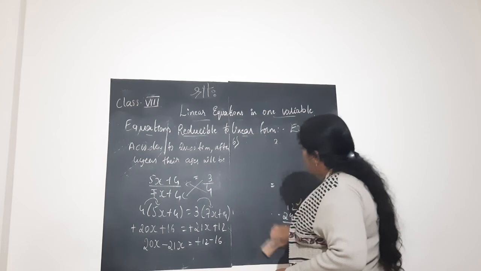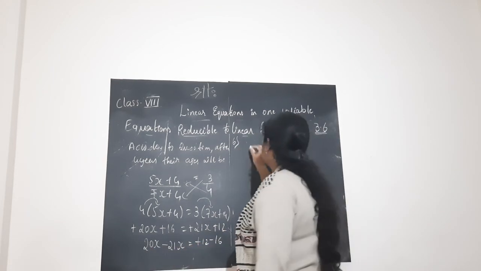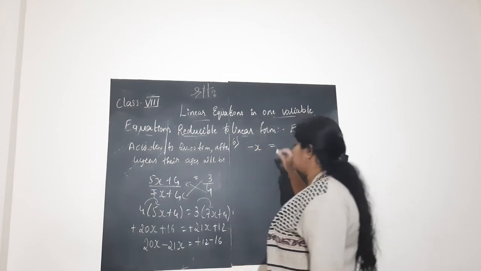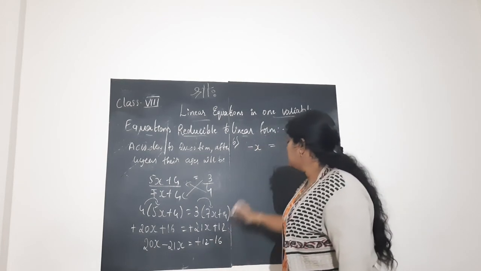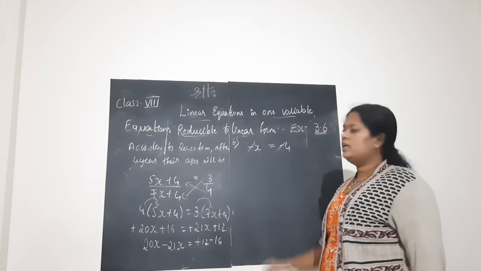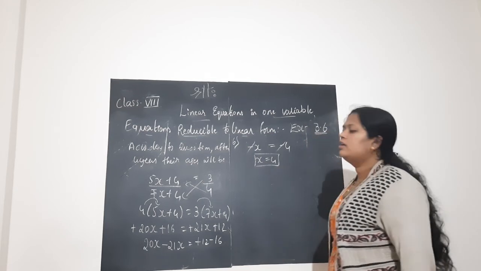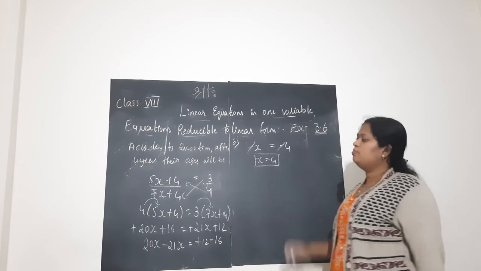So we will continue it here. So plus 20x minus 21x is minus 1x, or just minus x I will write. Minus 16 plus 12 is minus 4. Minus on LHS I will cancel with minus of RHS, and clearly I got x to be 4.